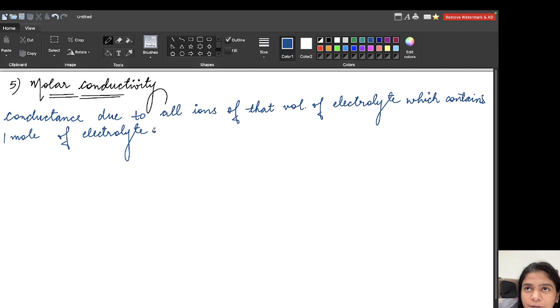So what is molar conductivity? Conductance due to all ions of that volume of electrolyte which contains 1 mole of electrolyte.